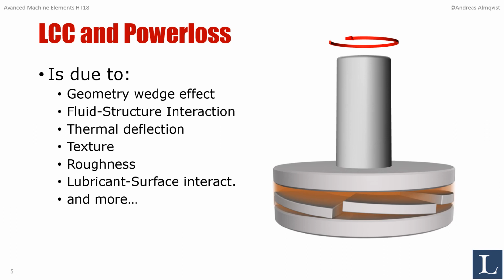For example, the geometry wedge effect. And so what is that? Actually the pads, the segments, they have an inclination, and this inclination makes a convergent gap which generates the hydrodynamic lift as the lubricant is dragged over the segment by the collar.